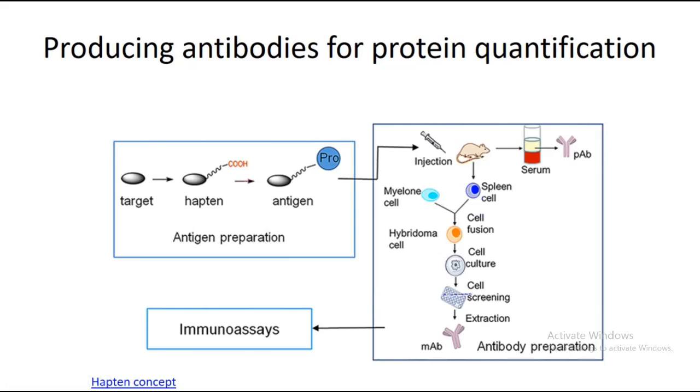And when it creates an immune response, it'll produce the B cells associated with it. And what the research companies then do is they isolate an individual B cell from the spleen. Okay, they isolate an individual B cell that will produce a specific antibody. They then fuse that with a myeloma cell.